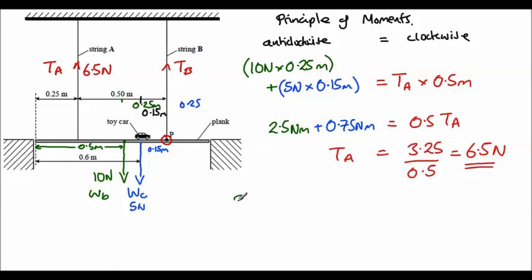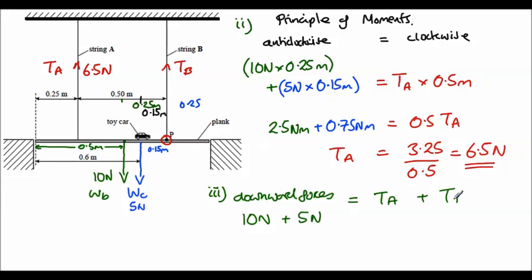The downward forces, which are 10 newtons and 5 newtons from the bridge itself and the car, must be equal to, by the way, this is for part 3, my apologies, that is for part 2, all of that lot must be equal to tension A and tension B. We know what tension A is.